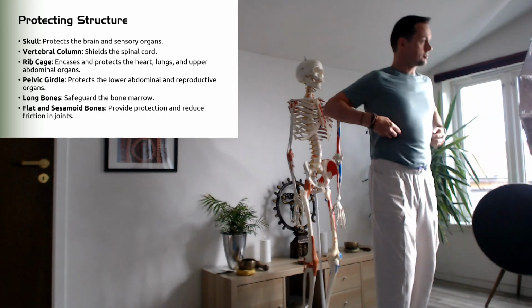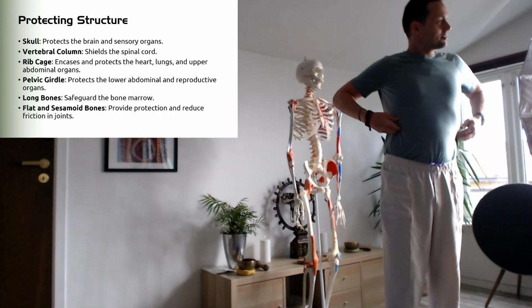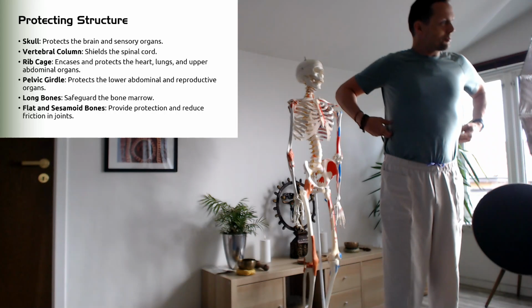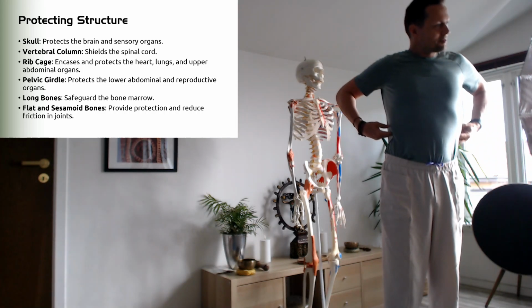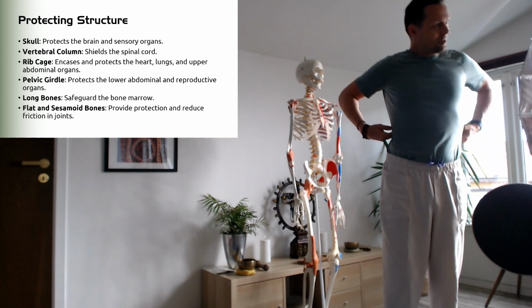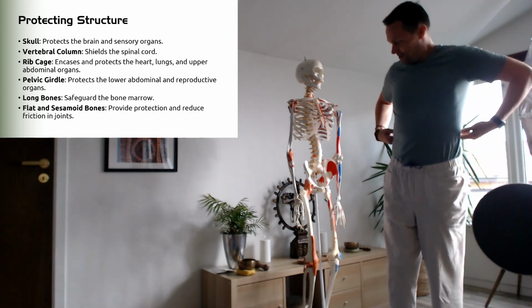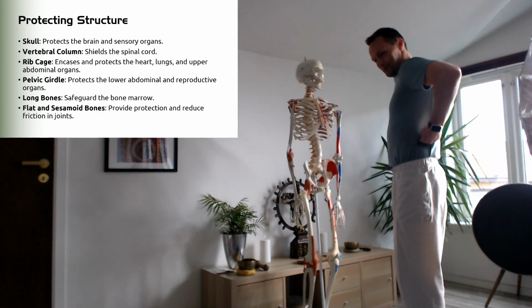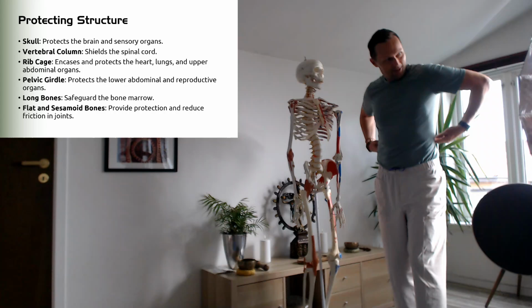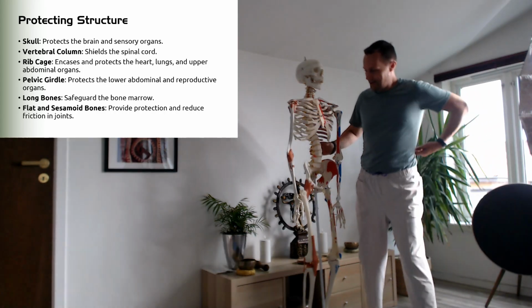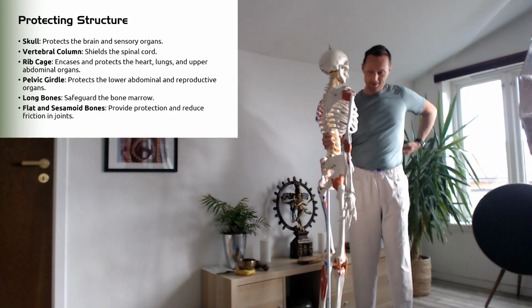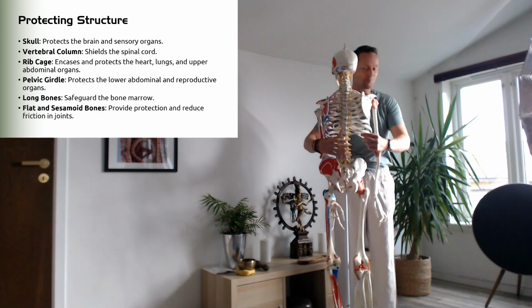Rib cage. We felt all your ribs. All 12. There's an interesting one all the way back here, which is very short. Yeah, I have a small one. This is normal. It's not broken.